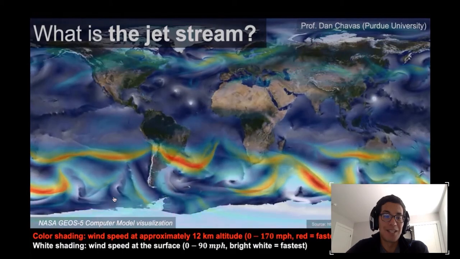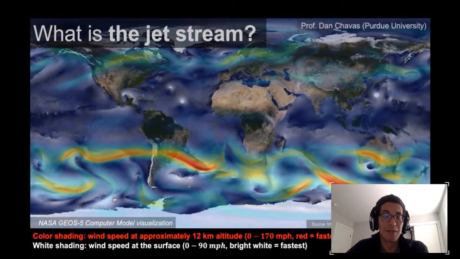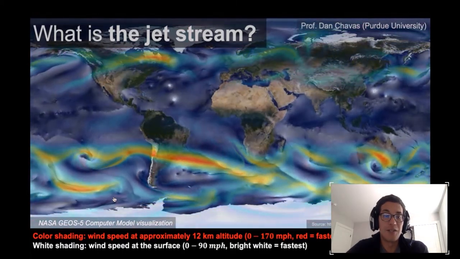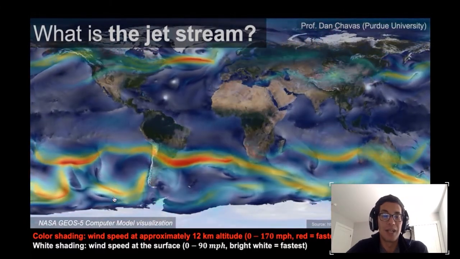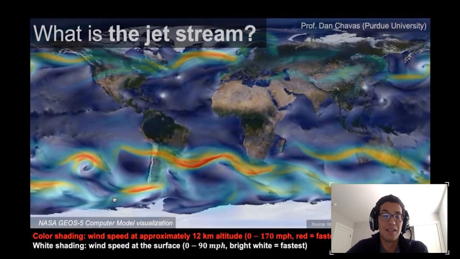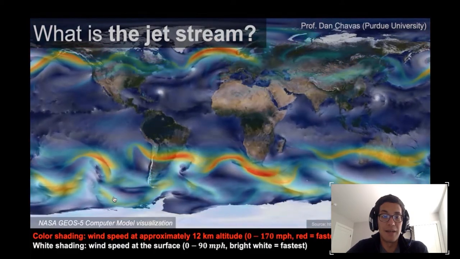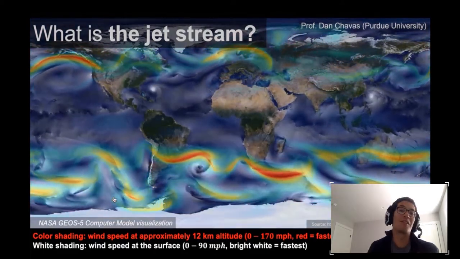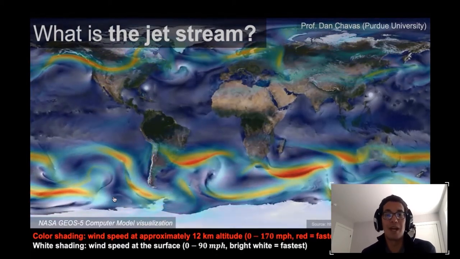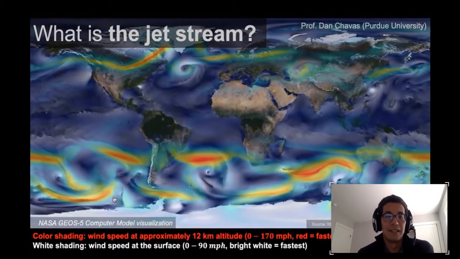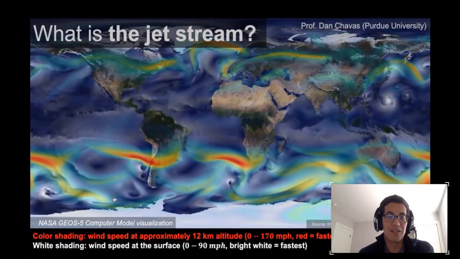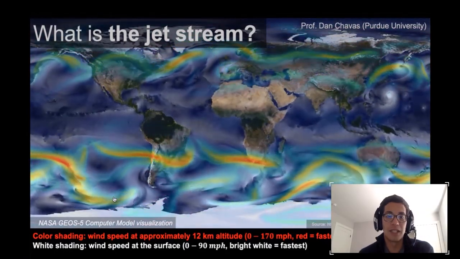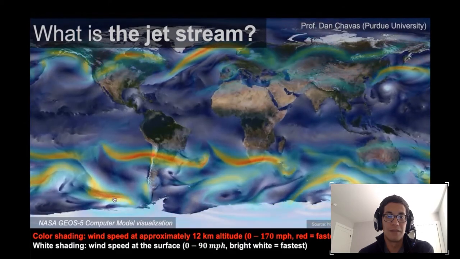So I'm actually starting you off here with a computer model visualization of our atmosphere. We're looking at the colors, our wind speed at about 12 kilometers above the surface. So way up above your head. And you'll notice these yellow and red streaks that are swirling and moving from left to right.